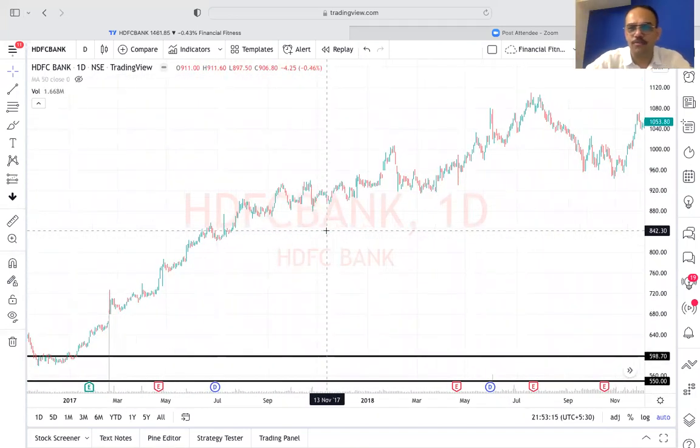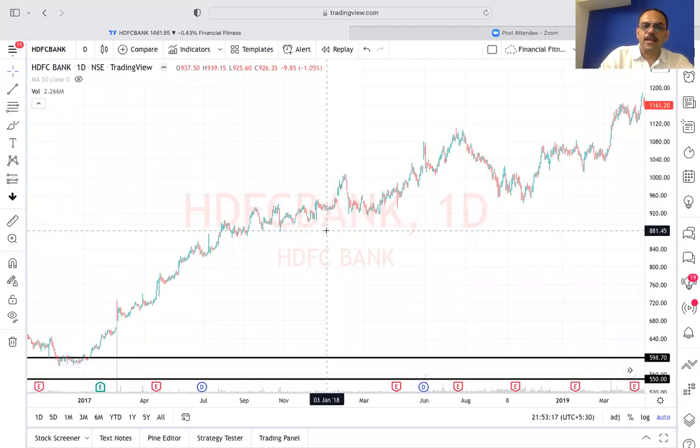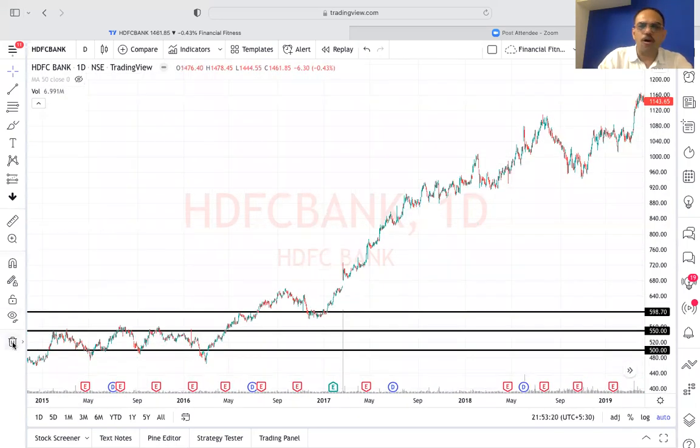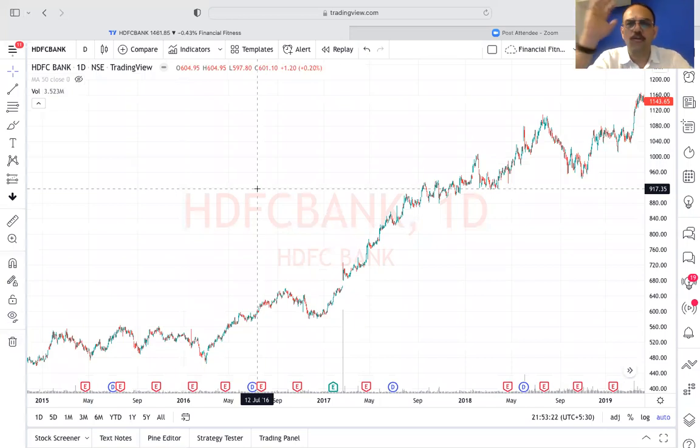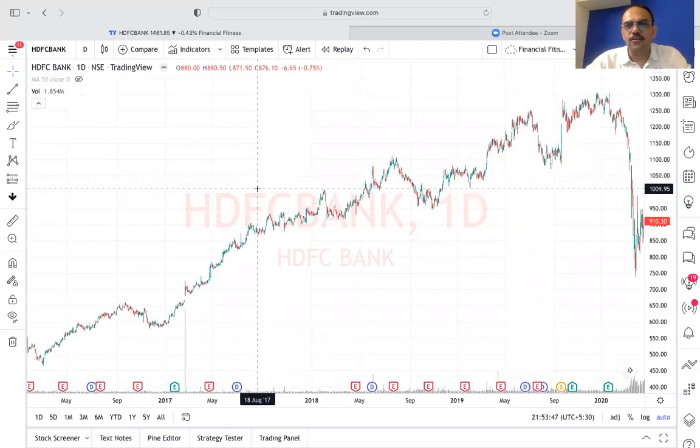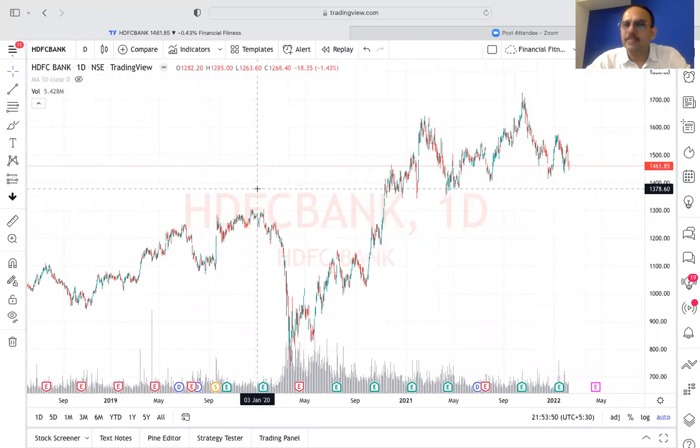Sometimes you will not find any support level in between. Practice. If you draw at least 100 lines doing this without any self-doubt, on different charts, with a minimum of 10 lines per stock across 10 to 15 stocks, some 200 lines, believe me, just by looking at it you will come to know where the support and resistance is.